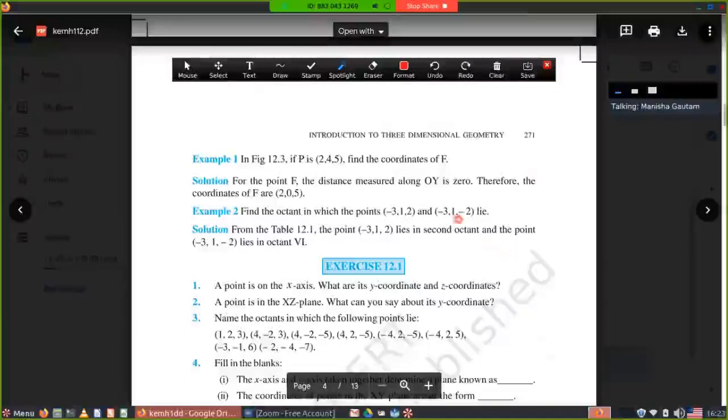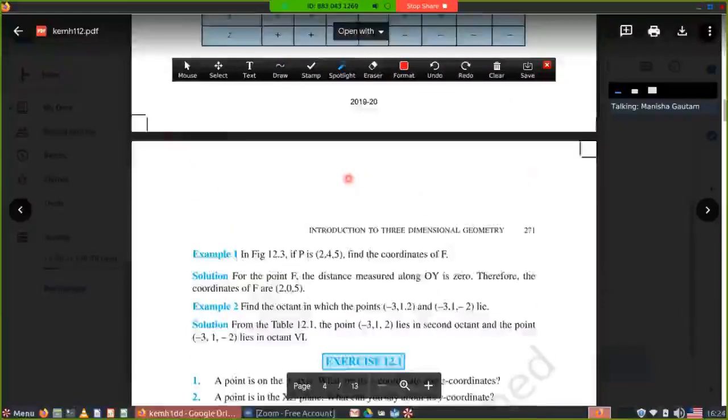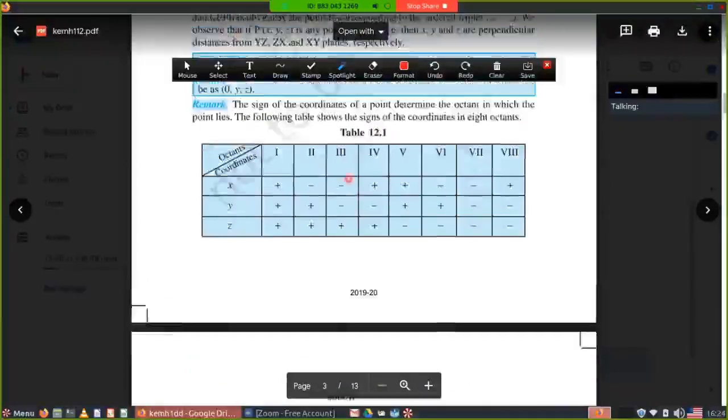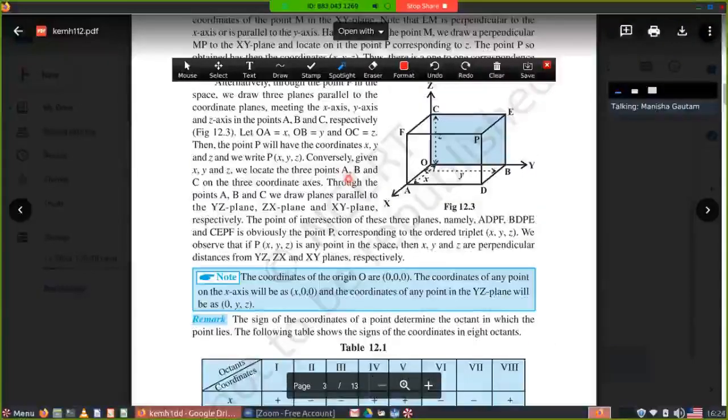Here is a point P given to you. Find the coordinates of F in figure 12.3. Where does F lie?